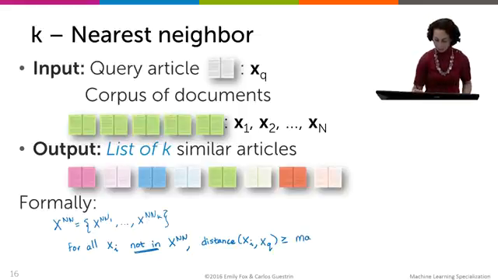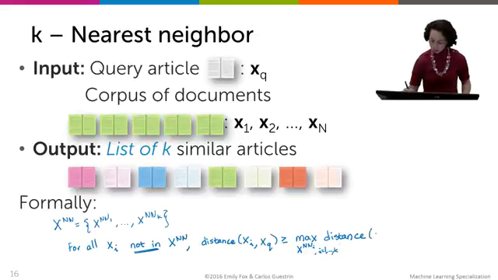So the maximum distance over all these nearest neighbor articles. Actually, let me change it so it's not the same i. I'll say j, so j equals 1 to k, x nearest neighbor j, and our query article.